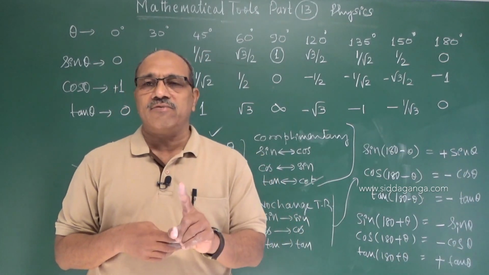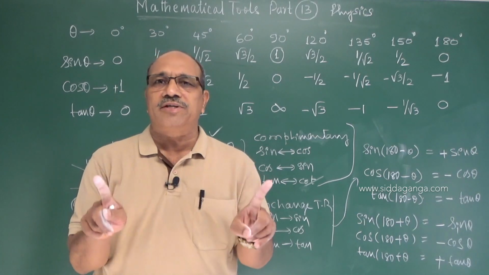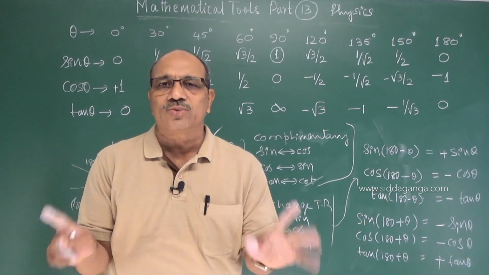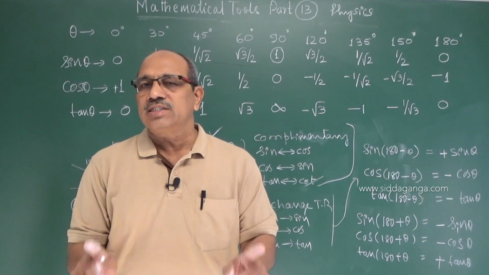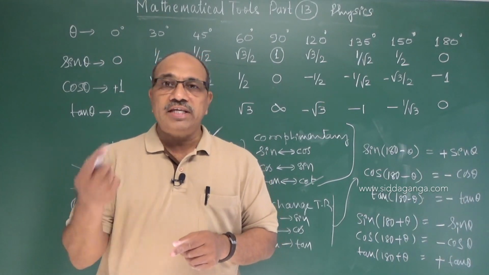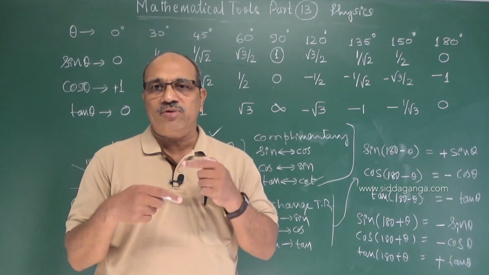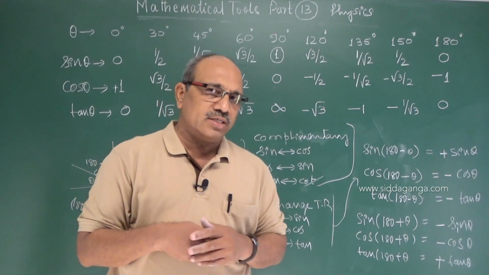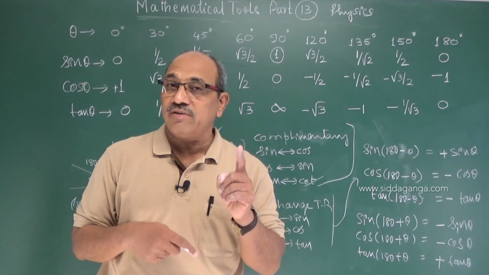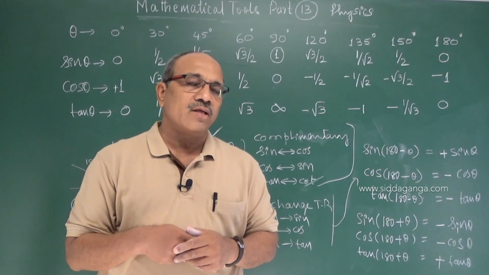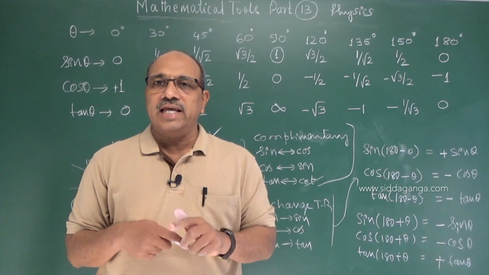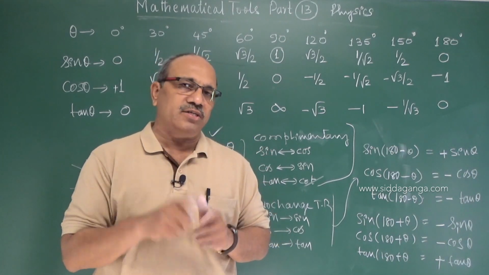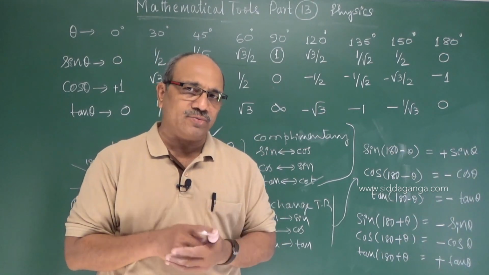That means whenever sine comes, you think about two quadrants, 1 and 2, positive. In other quadrants it is negative. When the cos comes, you think about the first and the fourth quadrant, positive. In the other two quadrants it is negative. Cos function is positive only in the first and the fourth quadrant. Again, when you come to the tan, it is positive in the first and the third quadrant. In others it is negative.